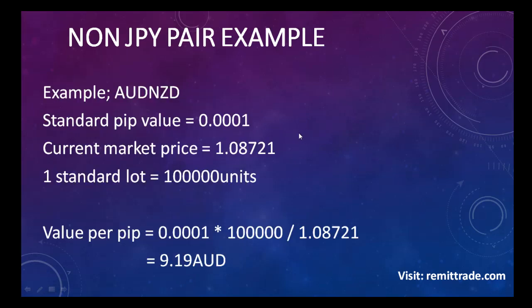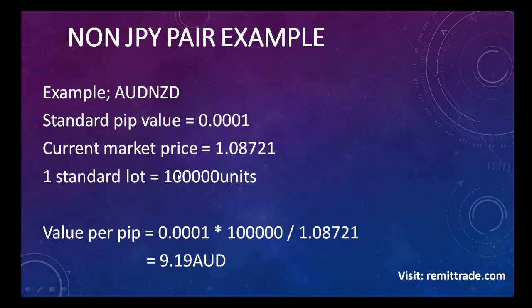So the last example will be non-JPY pairs too. So we have AUD NZD. You still have your standard pip value as 0.0001, reason being that it is not a JPY pair, it's a non-JPY pair. So the current market price, for example, is 1.08721, and I am using one standard lot here.